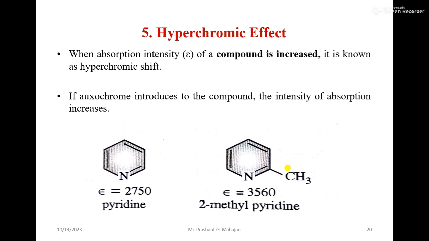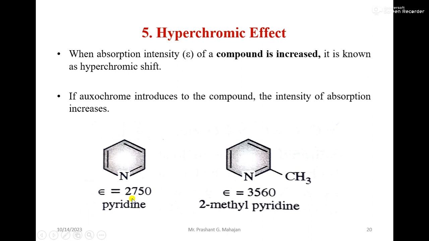Next is hyperchromic shift. So hyperchromic shift is related to the absorption intensity. The definition is when the absorption intensity, that is epsilon, of a compound is increased, it is known as hyperchromic shift.